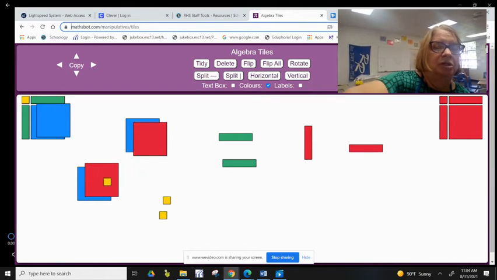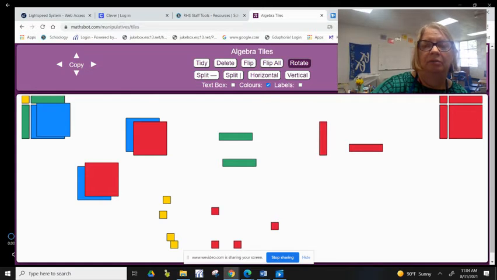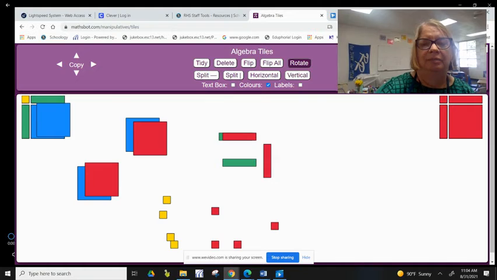The yellow ones are ones. So that would be 1, 2, 3, 4. The little red ones here, anytime it's red, it's a negative. And anytime you match up a red one, that would be a zero pair. Okay, and I can match up that and be a zero pair.